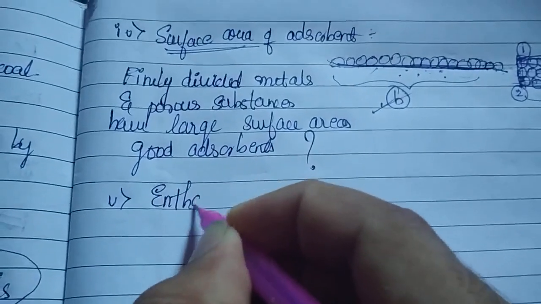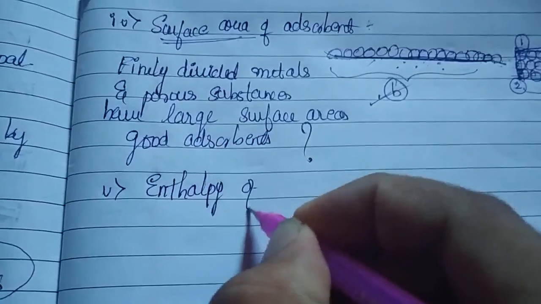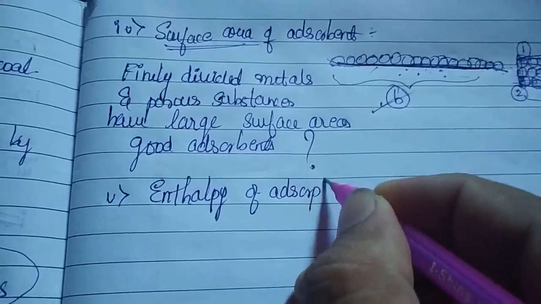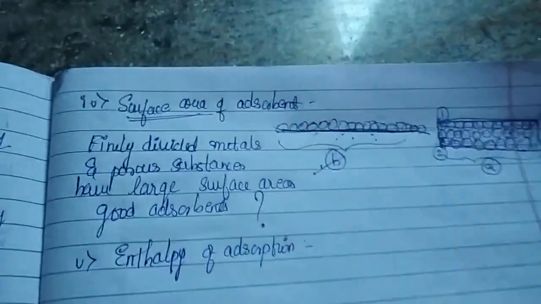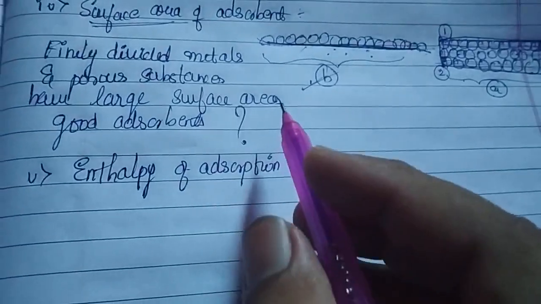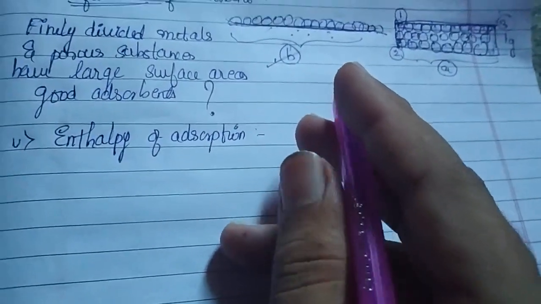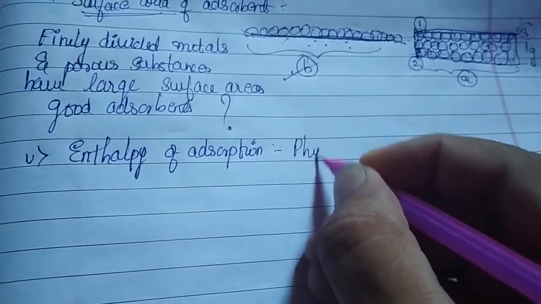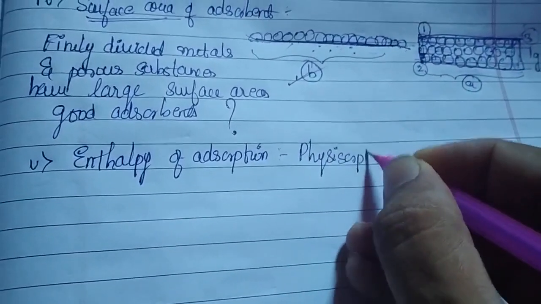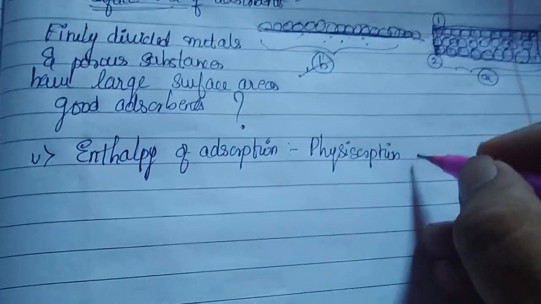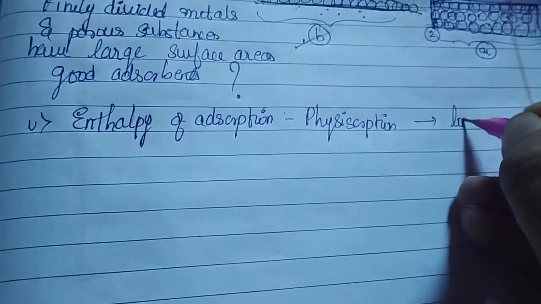Coming to another characteristic, it is called the enthalpy of adsorption. We know adsorption is an exothermic process. But within that, do remember that in physical adsorption, or physisorption, the enthalpy of adsorption is low compared to chemical adsorption.